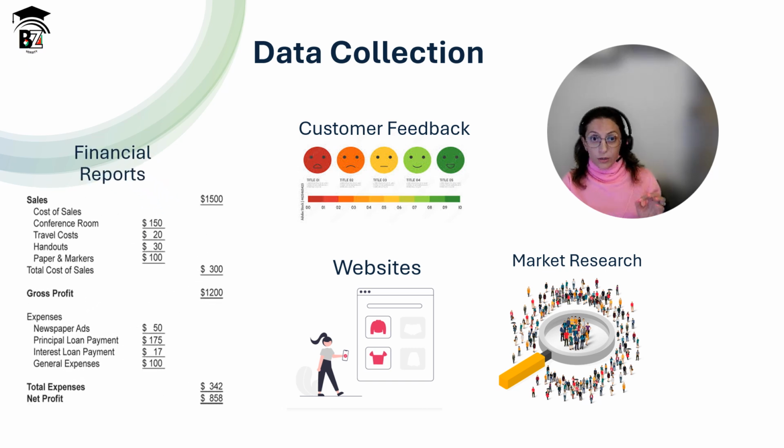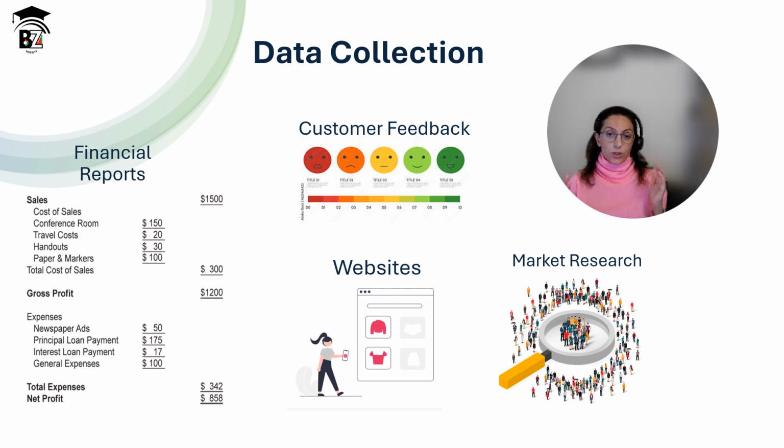Another good source of data, which is usually a reliable data source, is your financial reports. For example, finding out the cost of each item or the cost of sales. You can find out the cost of the labor you're putting into any service that you are offering, and what other expenses you have. A good example can be your marketing expenses.